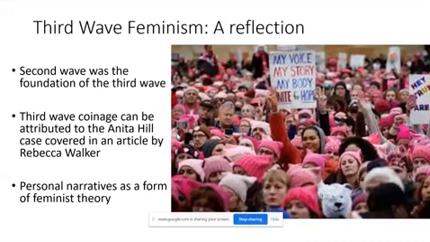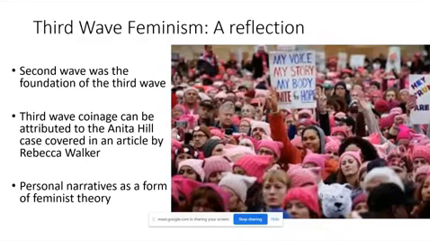Now, of course, Thomas was a powerful man on his way to becoming a judge, so he denied those accusations as high tech lynching. He called it high tech lynching. Now, after extensive debate, the United States Senate voted 52 to 48 in favor of Thomas, and he went on to become a Supreme Court judge.